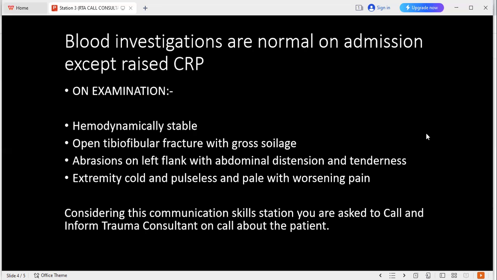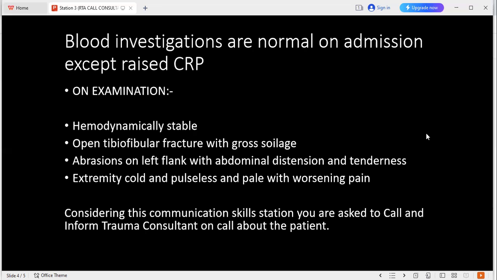To manage this patient, who may need urgent surgical intervention, we also need the anesthetist and also the plastic surgeon. Okay. Thank you. You can go with your plans of action.